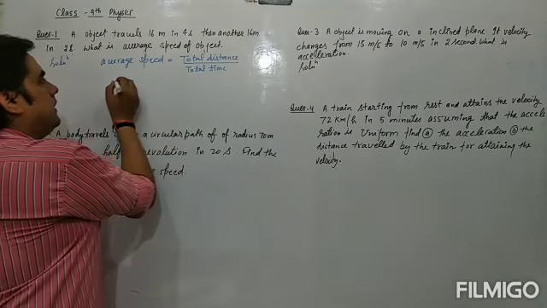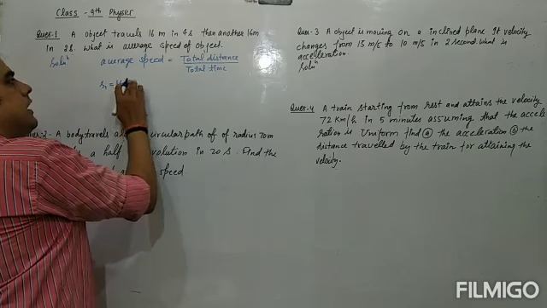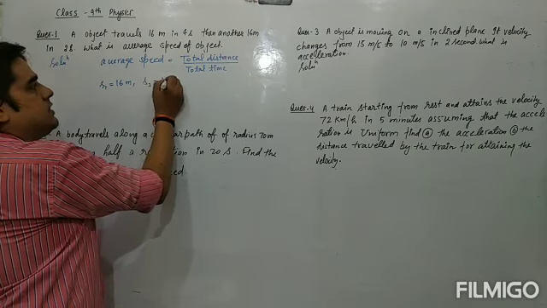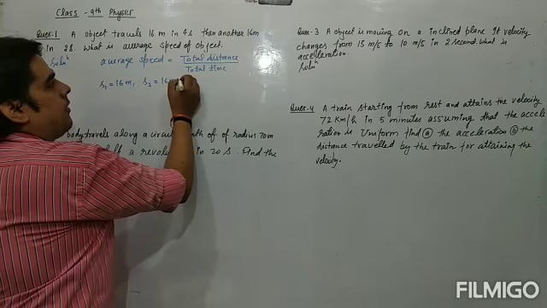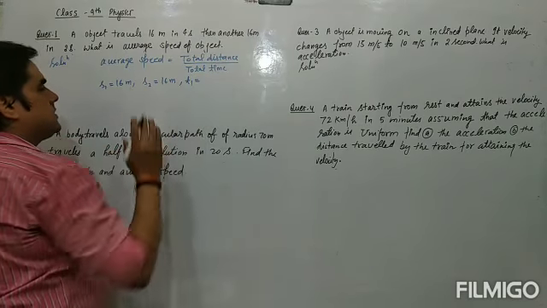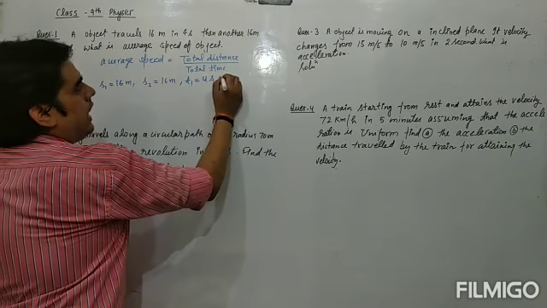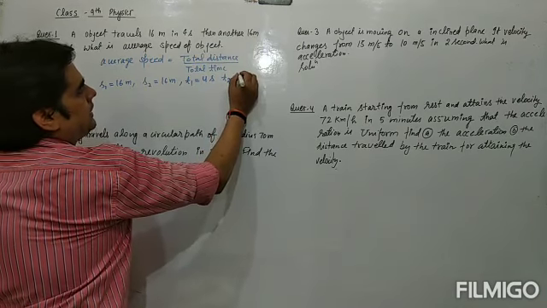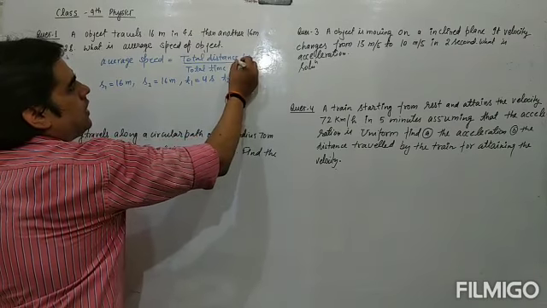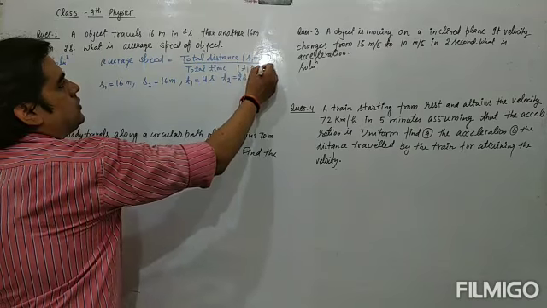Here the distances are given. S1 is 16 meter. The next distance S2 is 16 meter. The first part of the distance takes 4 seconds, and the second part of the distance takes 2 seconds. So S1 plus S2 upon T1 plus T2.